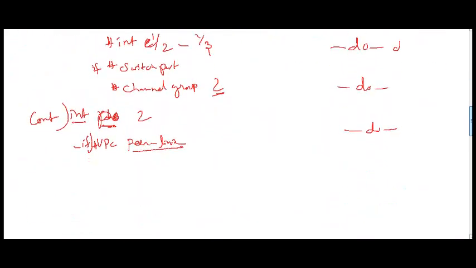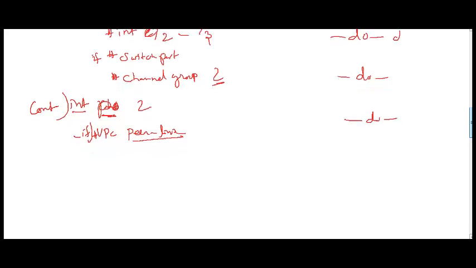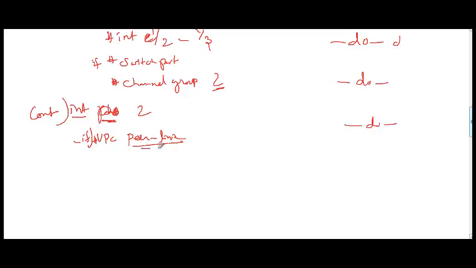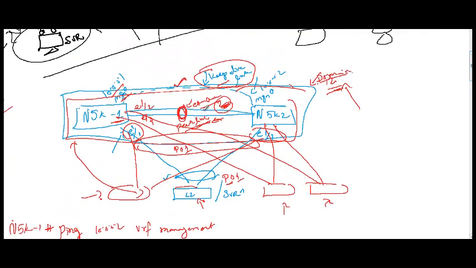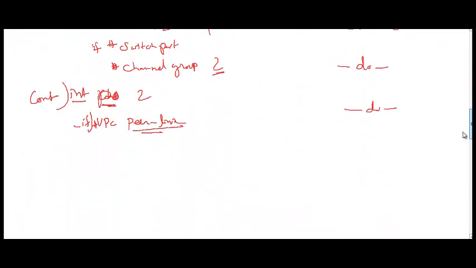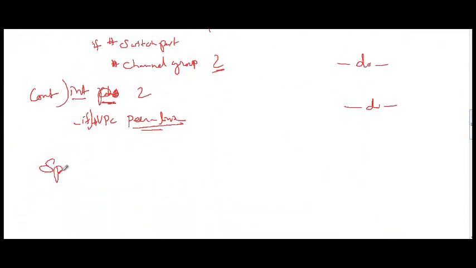Now one final thing, the last thing. When I say vpc peer-link, what will happen is these two peer link interfaces will automatically go into spanning-tree port type network mode. Now what is special about this mode?